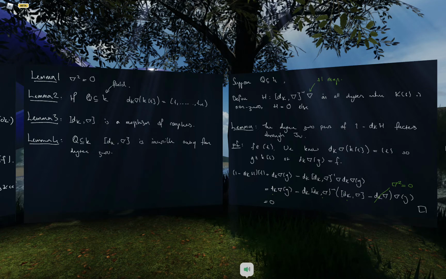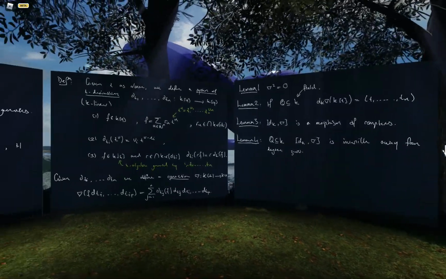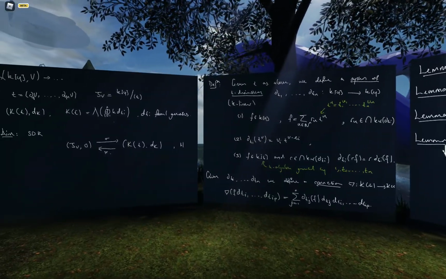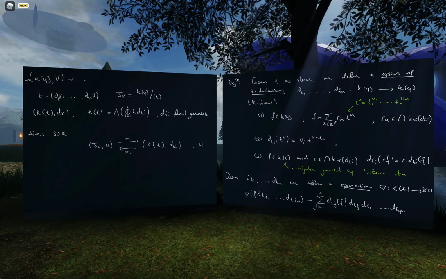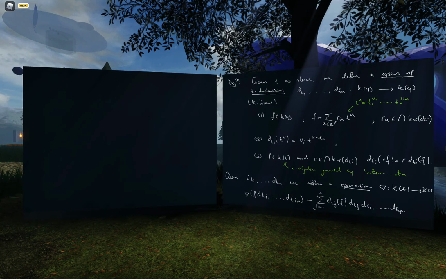Okay, so let's go back over to board number 1. Okay, so now we'll define a map pi from kt to, I guess, the Jacobi ring concentrated in degree 0.